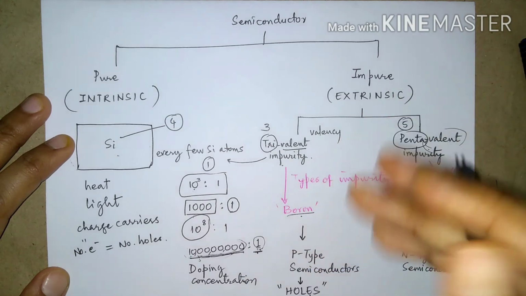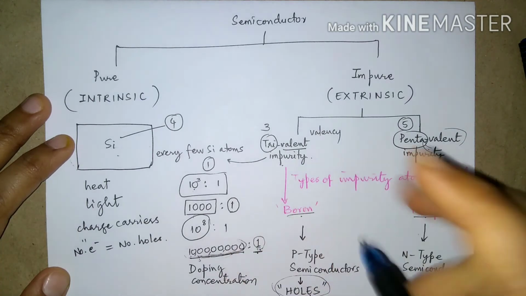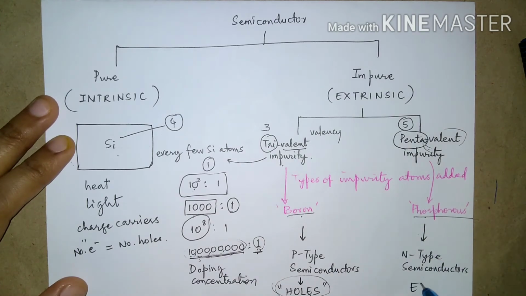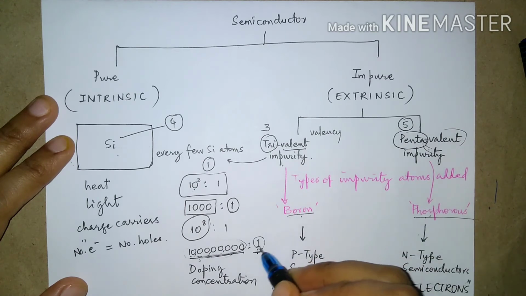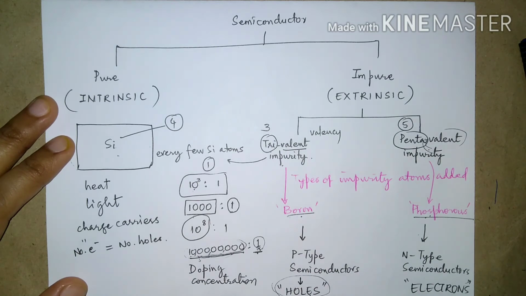So you know that. They also know at which temperature, because the lab is completely temperature controlled. The atmosphere is very well controlled in that particular lab. Now here electrons are dominant. For every phosphorus atom added, I know that one electron is free. Okay, I will explain in detail.